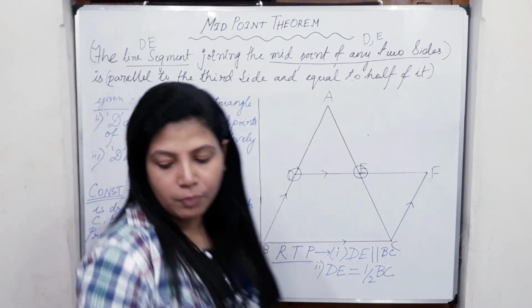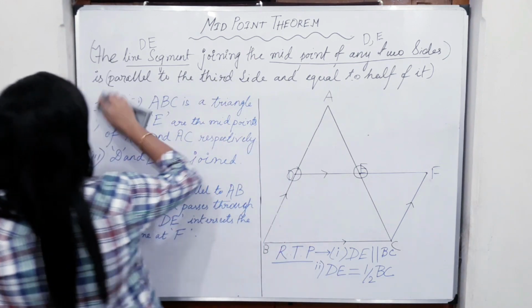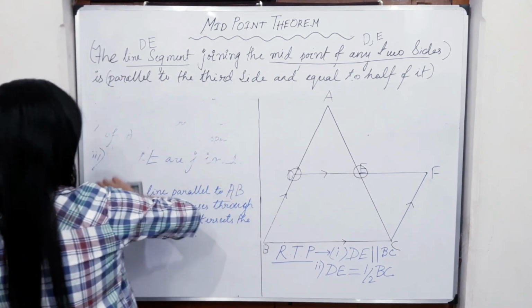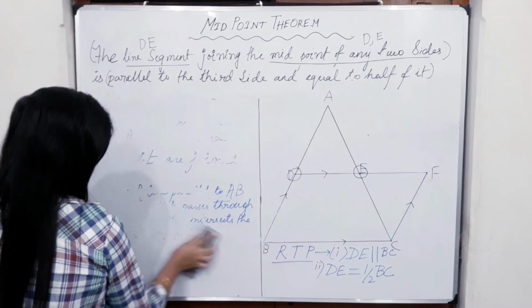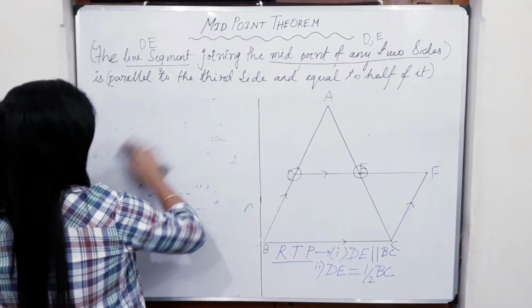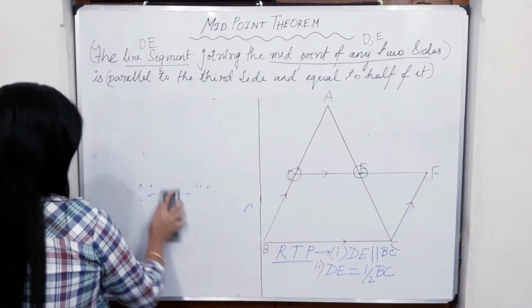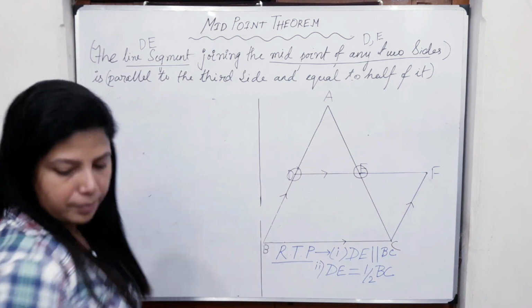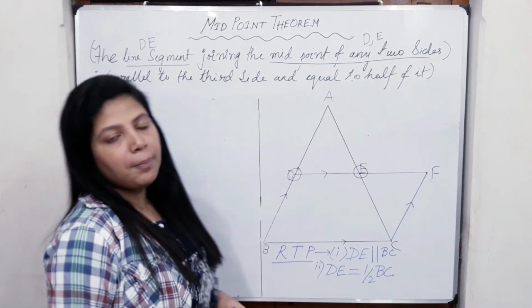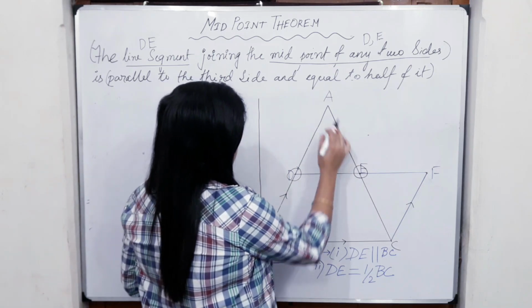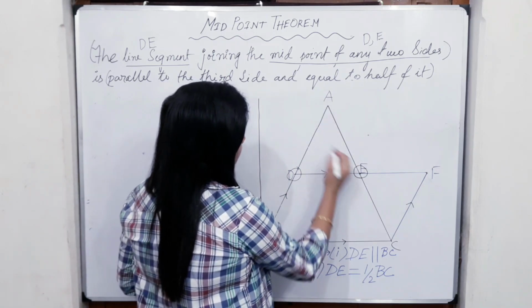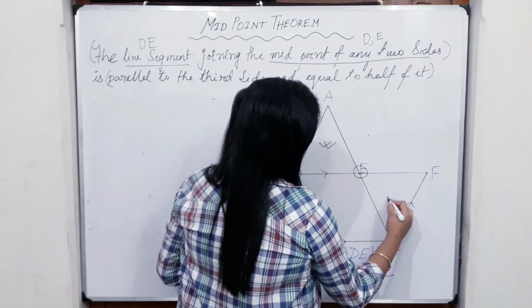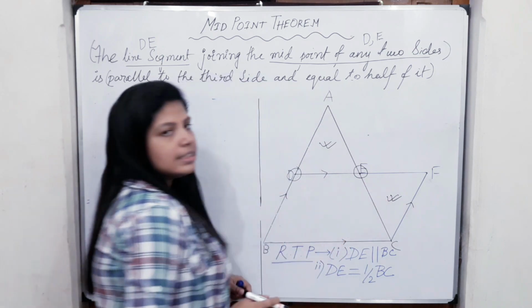Now I will start the proof part here. First I will prove that these two triangles, triangle ADE and triangle CFE, are congruent.